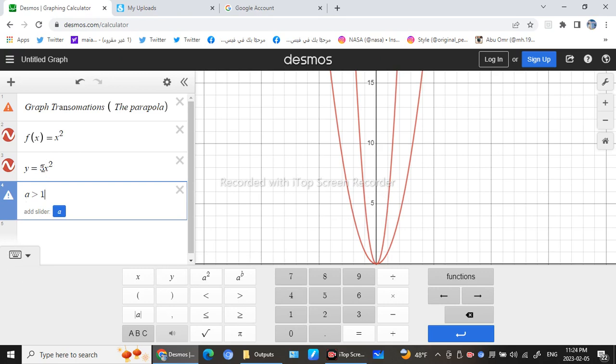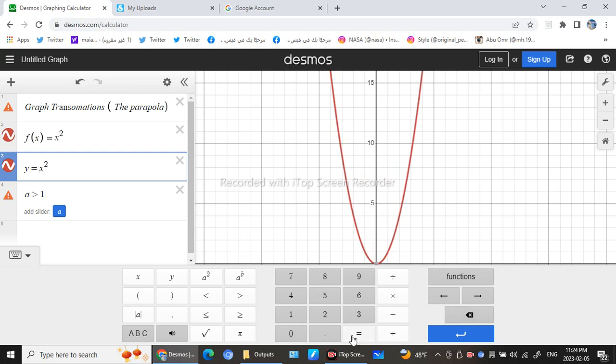But if the constant here is smaller than 1, for example, 0.5, it is stretched out.